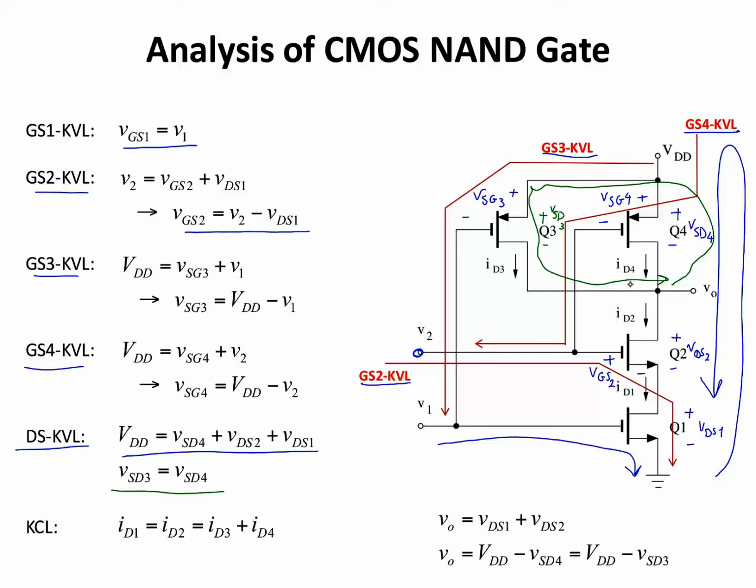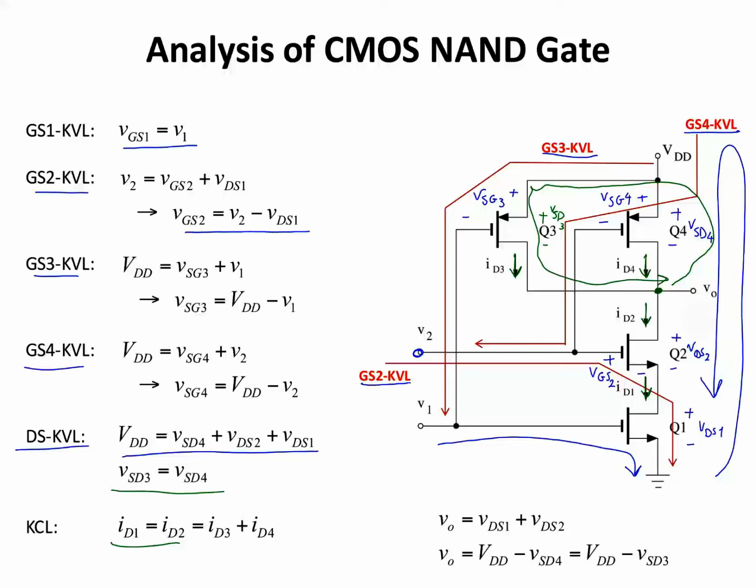Also, I have a KCL at this node, which tells me that ID3 plus ID4, the currents that enter this node, equals the current that leaves this node. Also, ID2 and ID1 are the same because they are connected in series. The same current that flows from drain of Q2 to the source of Q2 enters the drain of Q1 and goes to the source of Q1.